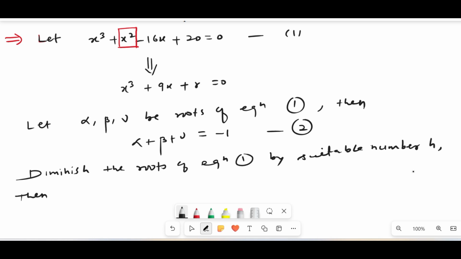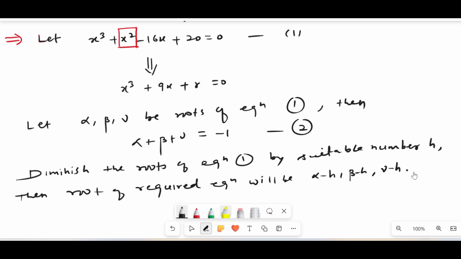Then the roots of the required equation will be alpha negative h, beta negative h, gamma negative h.